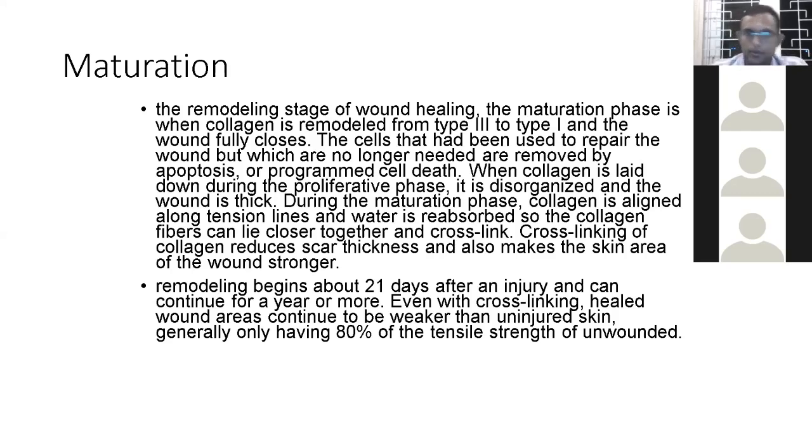Everything is reorganized, and crosslinks form, and this process will continue from 3 months to 1 year. So you should always remember it starts from about 21 days after the injury, and then will continue to about 1 year.